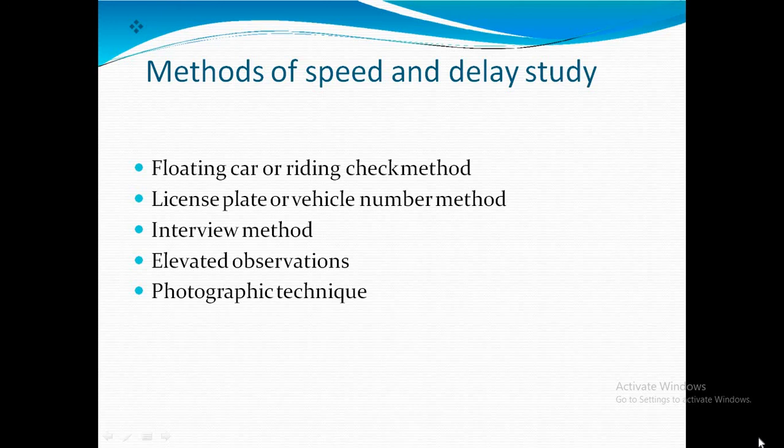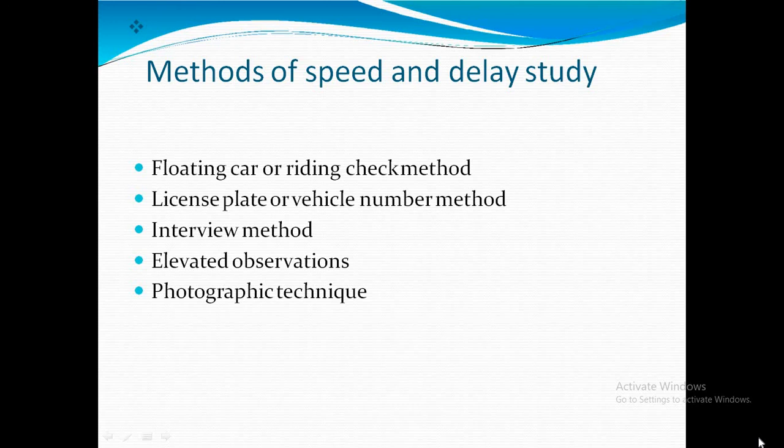Floating car means the vehicle is driven over a given course of travel at approximately the average speed on a street. Hence, synchronized stopwatches or voice recording equipment are used.